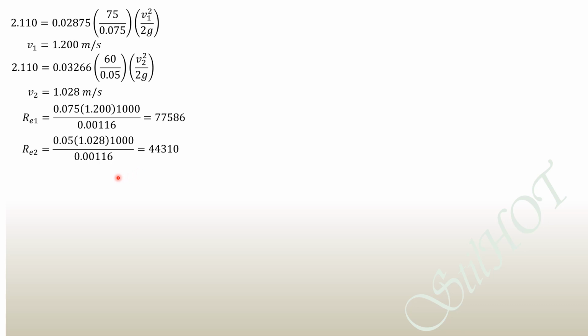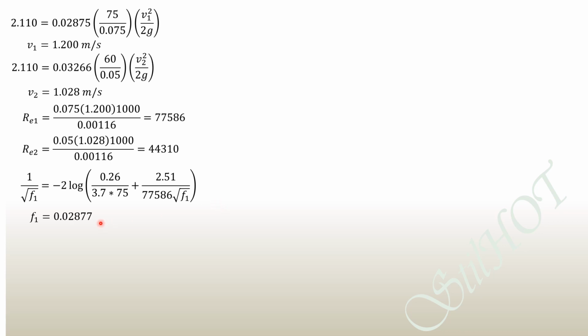We then use the Colebrook equation to compute the new friction factors. 1 over square root of F1 equals negative 2 log of quantity 0.26 over 3.7 times 75 plus 2.51 over Reynolds number 77586 times square root of F1. So F1 is equal to 0.02877.